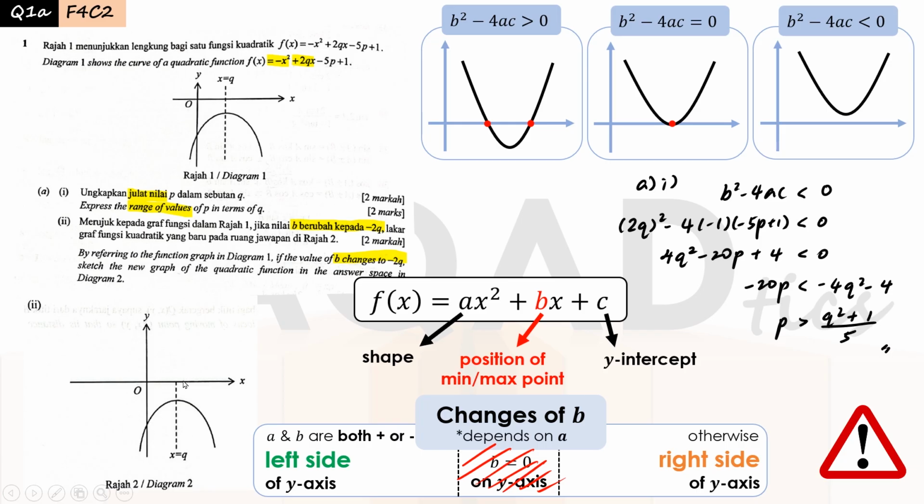Right, so our graph will look something like this. As you see, the position of the maximum point goes to the left side of the y-axis. The shape does not change, meaning the width does not change. The y-intercept is the same, okay?